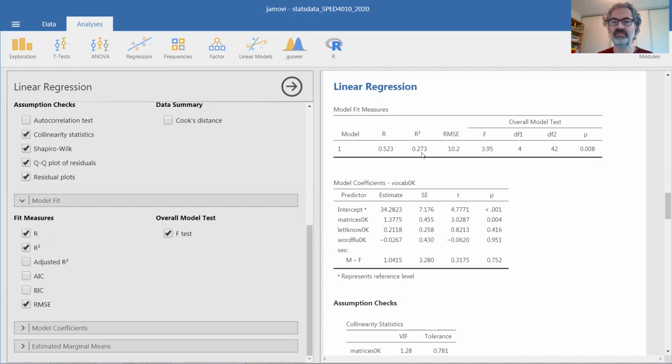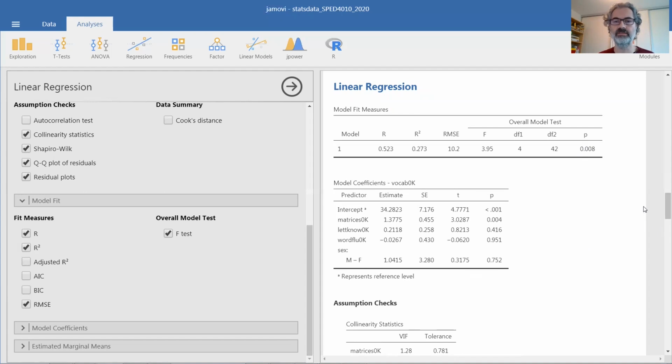And this is a statistically significant prediction, a statistically significant portion of variance, because we see that the overall model test through the F ratio produces a low p-value. So this linear model that we have produced here with all these predictors does predict significantly vocabulary in kindergarten.